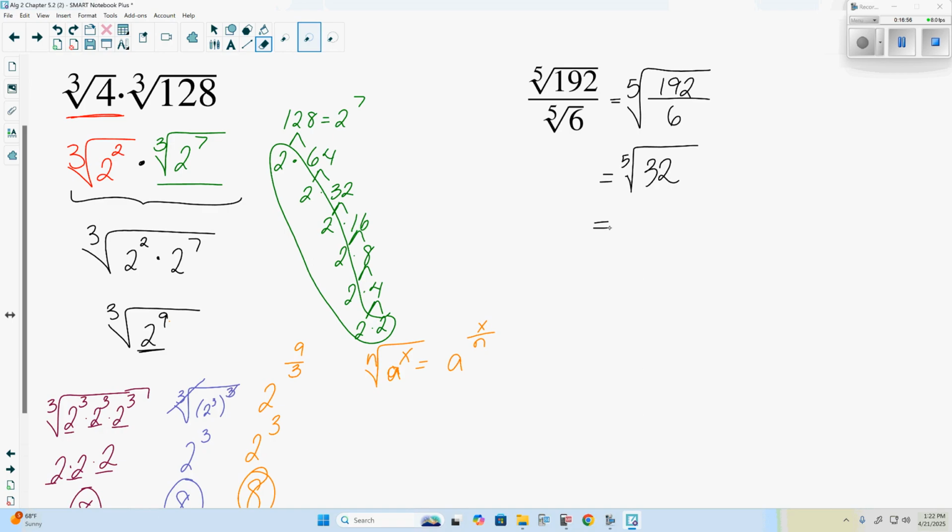So 192 does divide by 6 nicely. So we could rewrite it as a single radical with what's inside being divided. Then we would divide 192 by 6, we get 32.